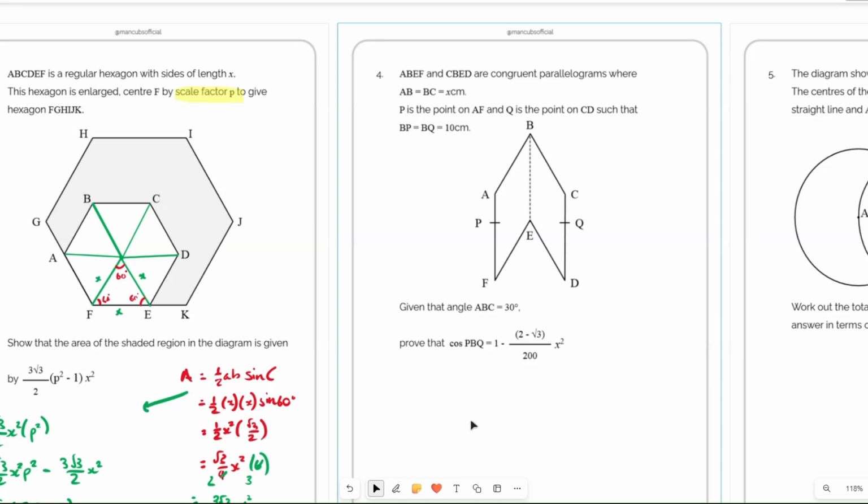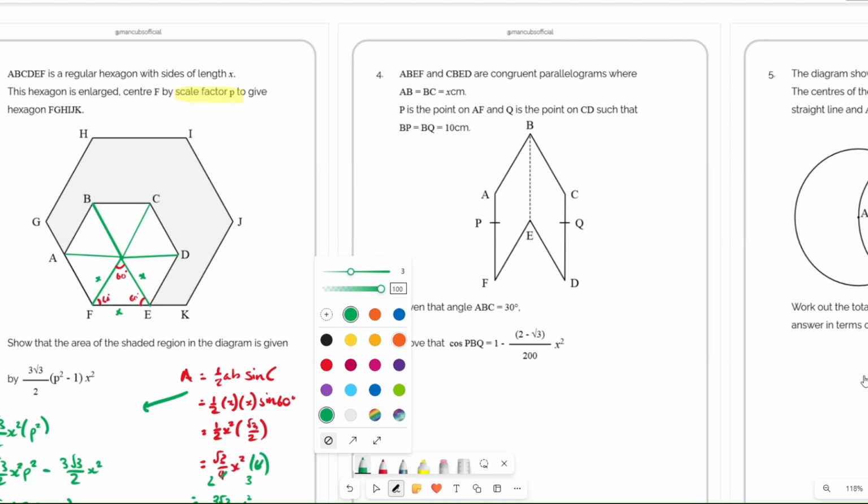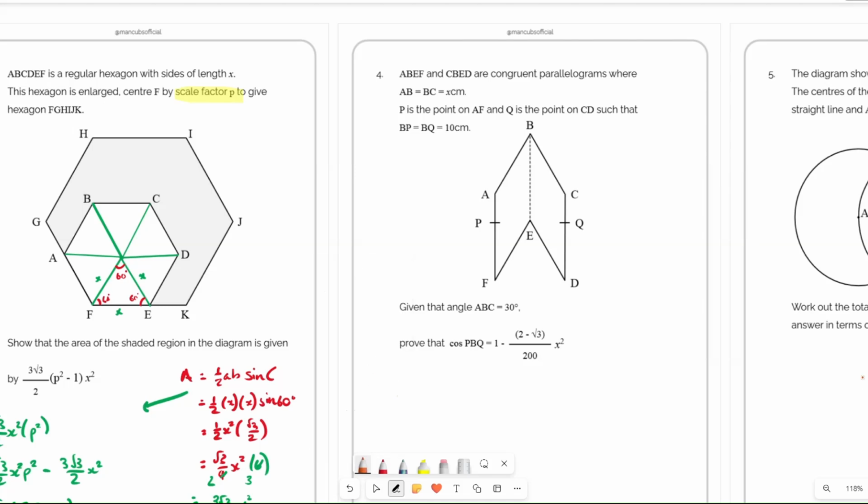So let's draw some lines in to see how it can help us, okay? I'm going to first draw the line AC here, and PQ like so.